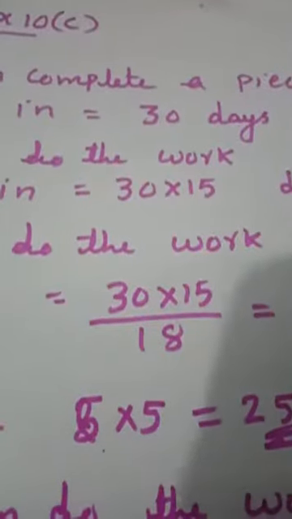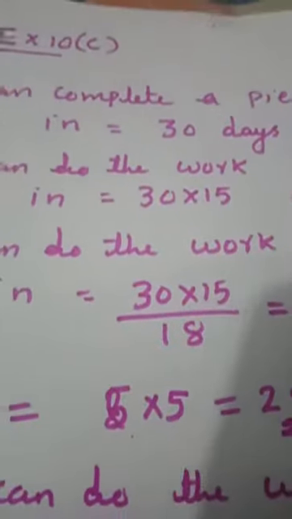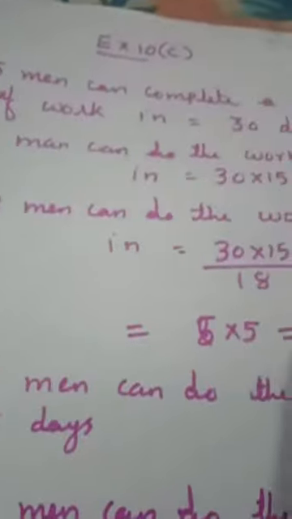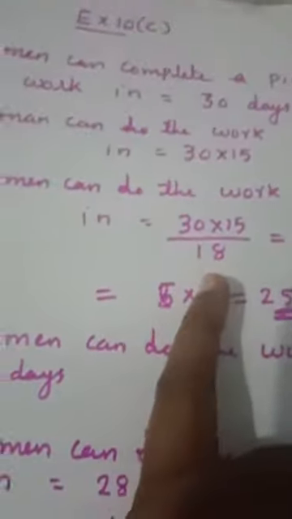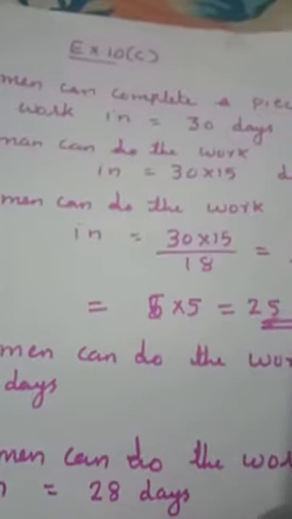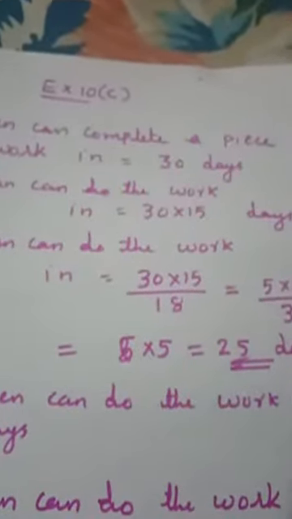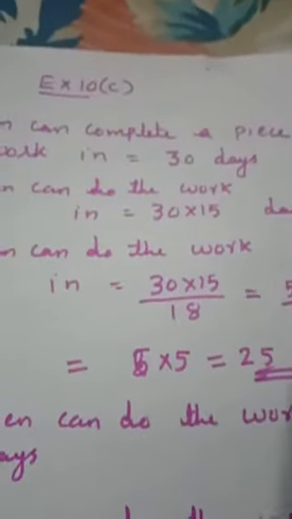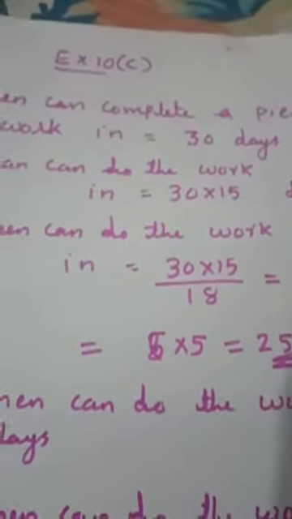Actually, to find one quantity we are dividing, but in inverse relation we are multiplying 30 into 15 days. Okay. Now 18 men: our question is 18 men can do the work in 30 into 15 by 18. To find more quantity we are dividing.